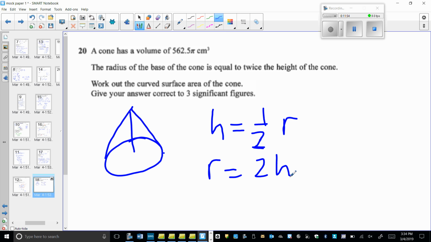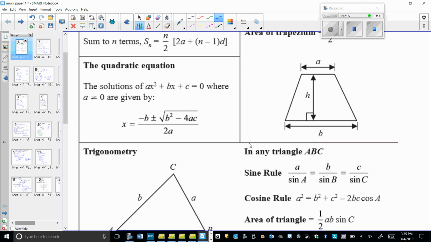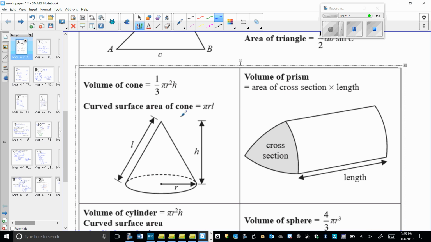Work out the curved surface area of the cone. So go back to the formula sheet. Curved surface area of the cone is pi r l. So that's a slanting length.